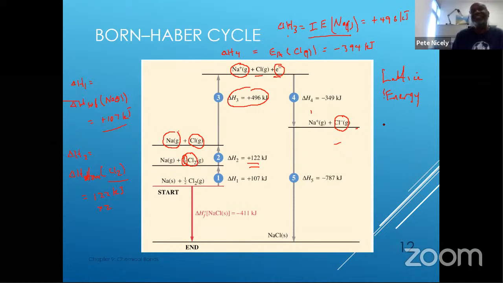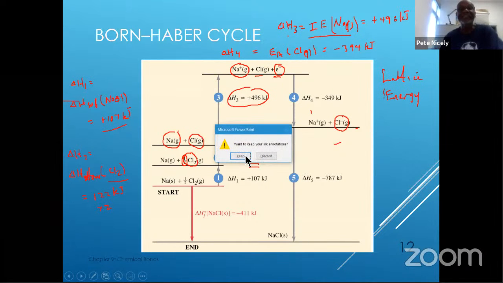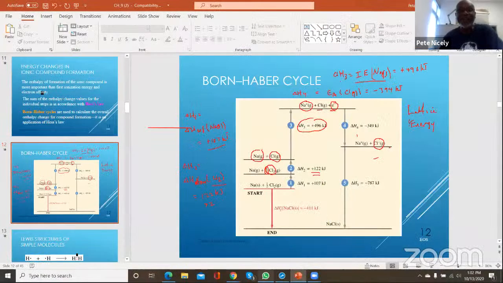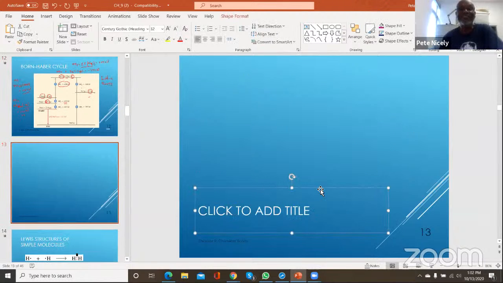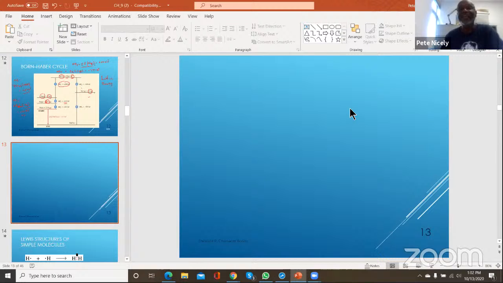In some textbooks, the lattice energy would be, in fact, let me get out of this here for a minute and create another slide so I can write on this.